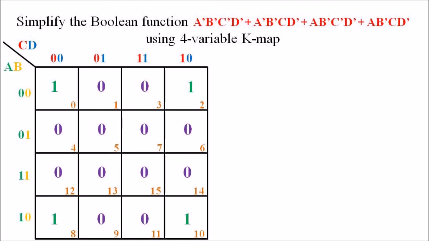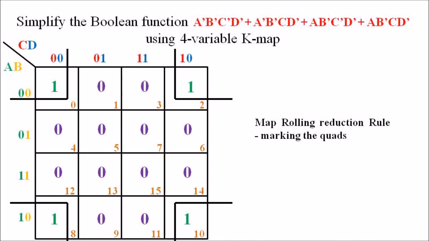Thus the K-map will become like this, and in the next step we have to pair these individual minterms. Here we can group the different minterms by applying the map rolling reduction rules for marking the quad with the cells 0, 2, 8 and 10.